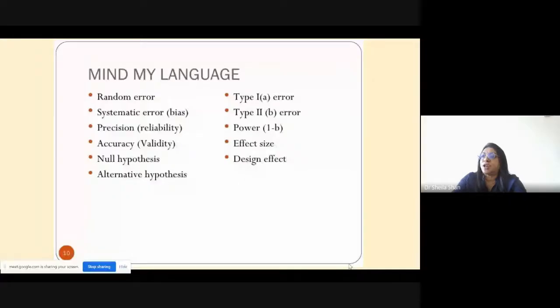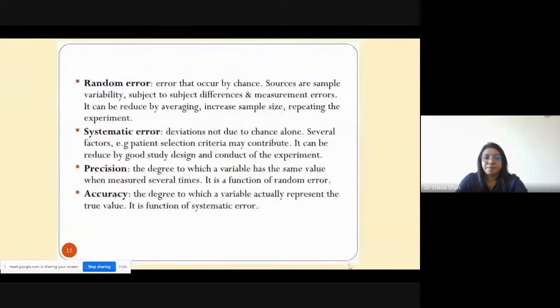And what kind of problem might you face? You might have type 1 error, type 2 error, and the power of the study, the strength of the study, the effect size, and the design also will be affected. So all these bring problems because of your sample size.